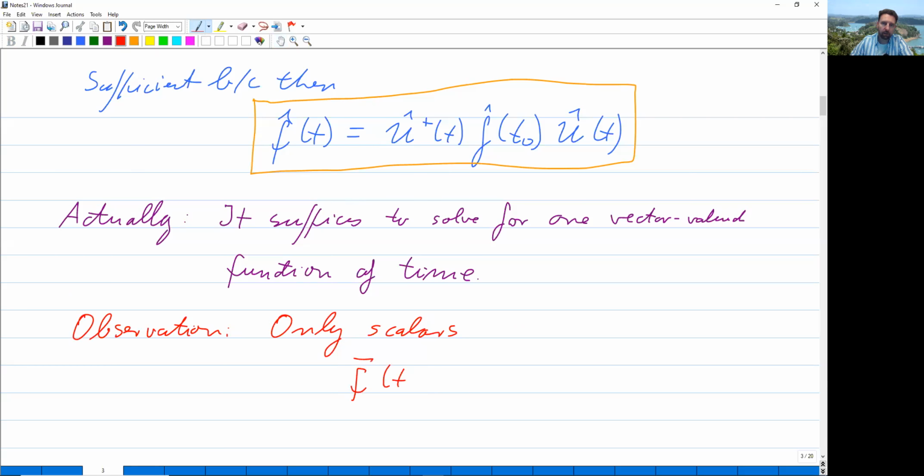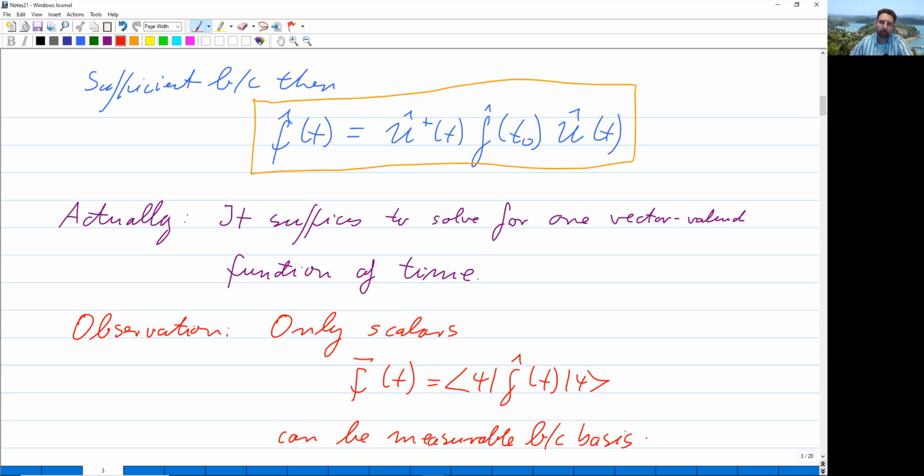F bar of t equal to psi, f hat of t, psi can be measurable. Because it is basis independent. Everything that's basis dependent cannot be observable, because we get to choose the basis and nature doesn't know what choices of basis we may want to do.